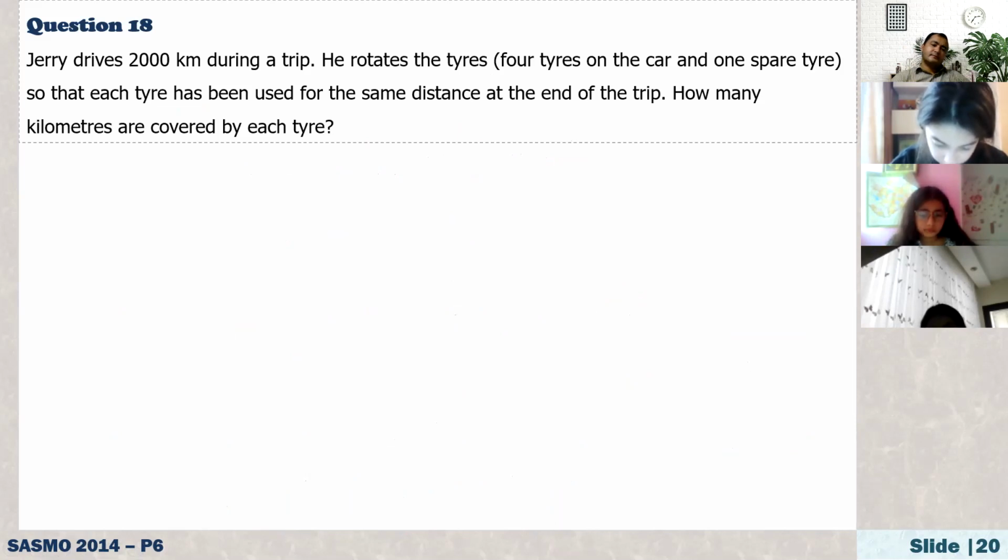How many kilometers does each tire travel?